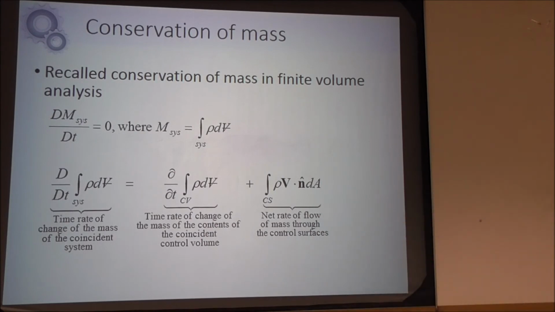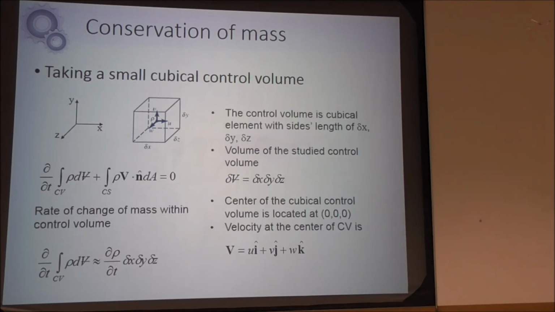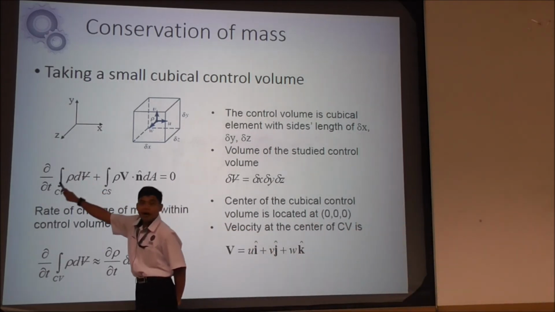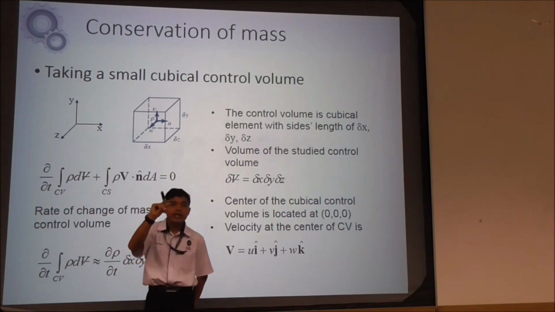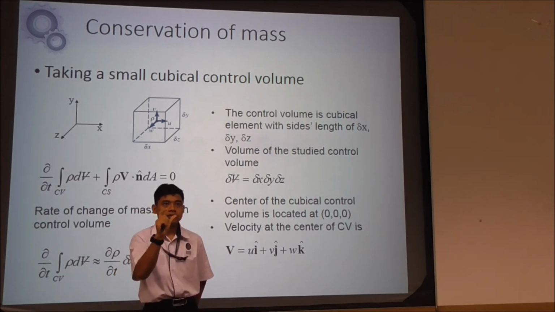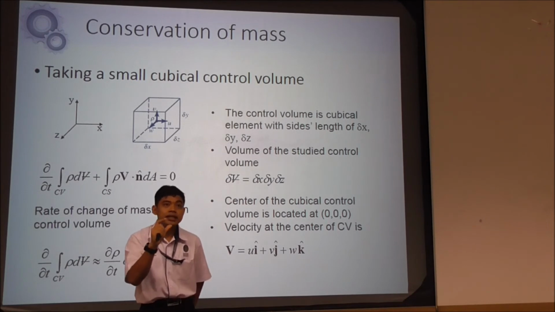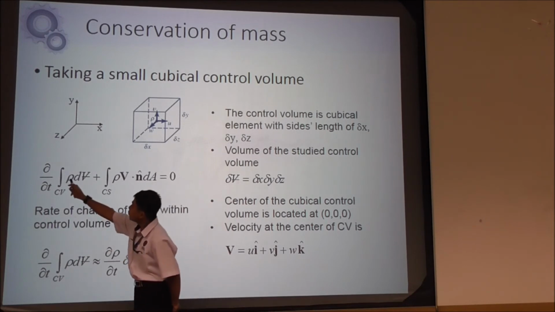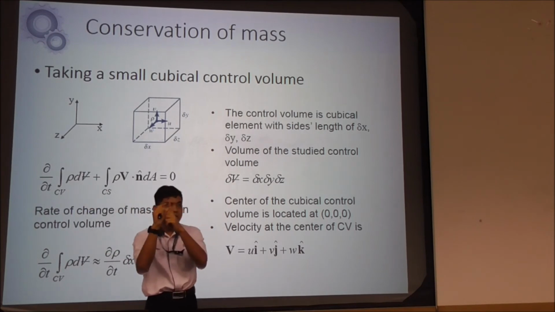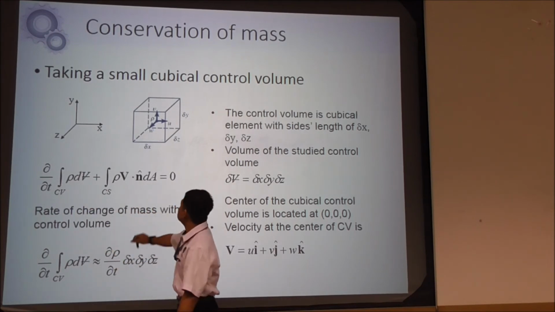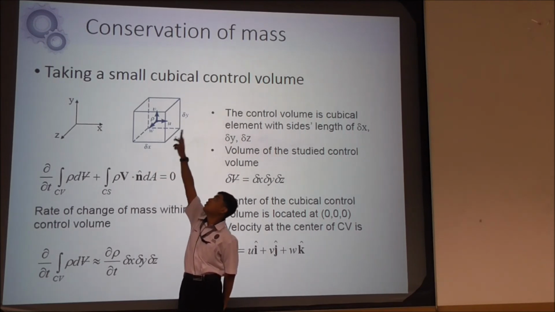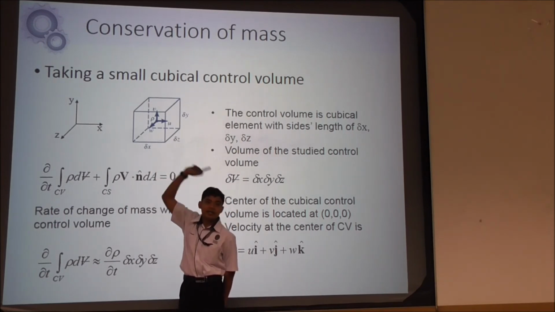Okay, now we are talking about the first part. The first part is the changes within the control volume, within the container. The changes within the container is rho d volume. Because we are taking a very small volume, the volume becomes dx, dy, dz.